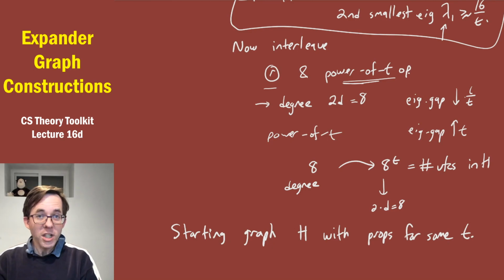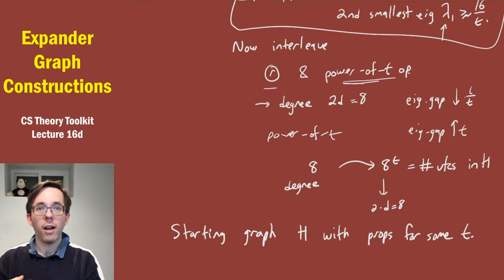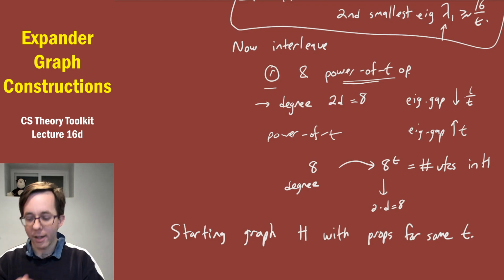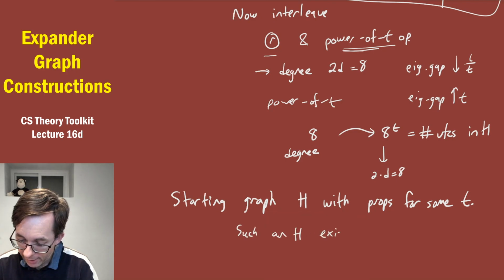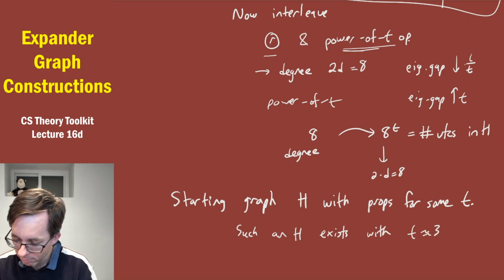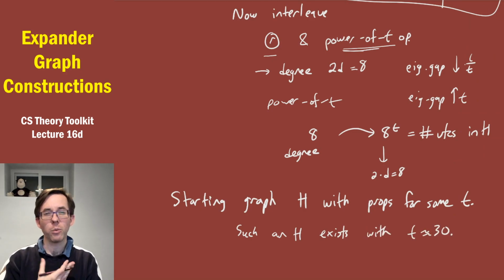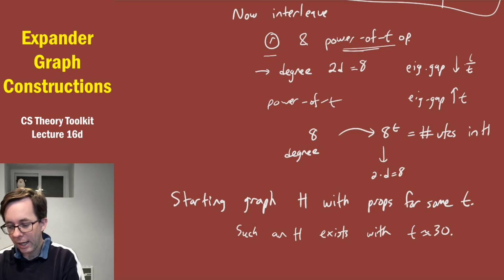You just have to argue that that graph exists, because then an algorithm can find it in constant time. And indeed, such an H exists. It can be shown with t being, I don't know, like 30 or something. I somehow convinced myself of that: a random graph will have these properties.